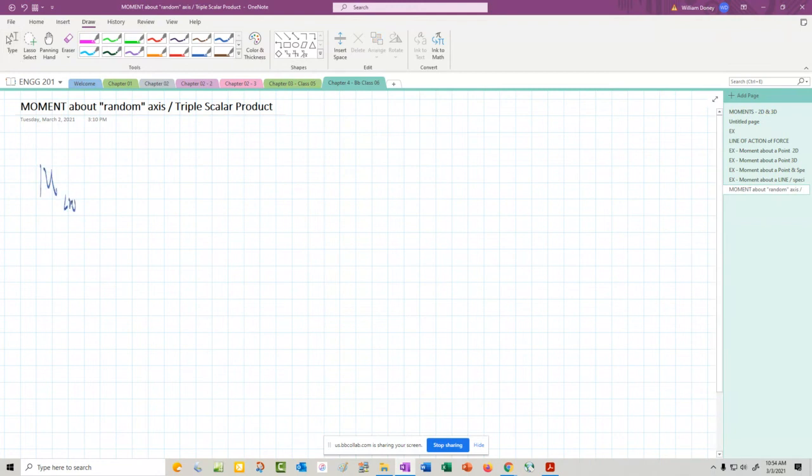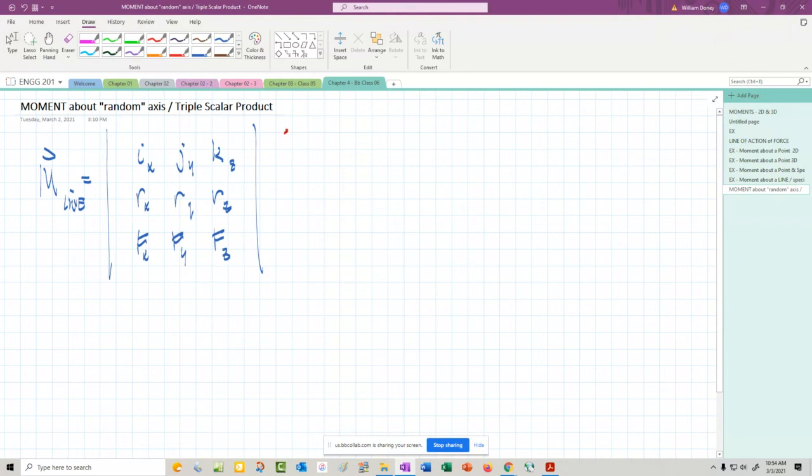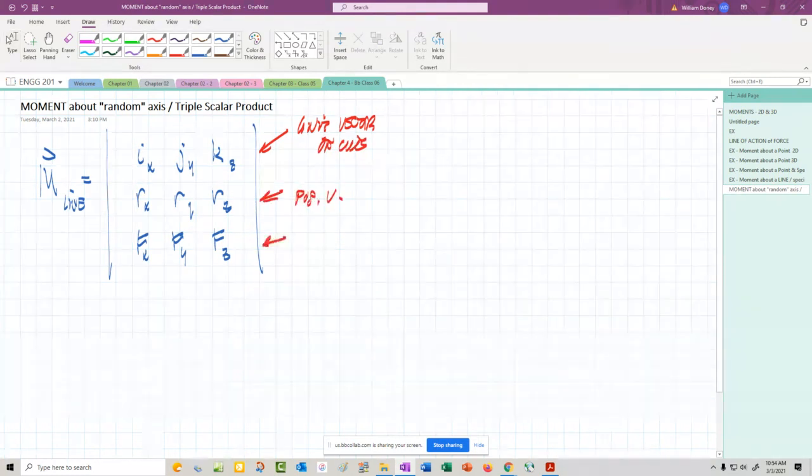When I have the moment about some line, and I put it in I, J, and K, and there's R, and here's F, X, Y, Z, X, Y, Z. This will be the unit vector of the line. Again, that's still a position vector, and this is still the force vector.